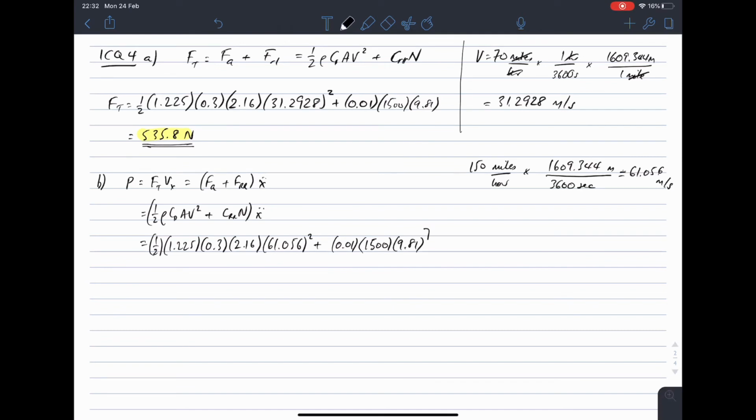That is multiplied then by 61.056. So the tractive force itself comes out to be 1,931.8 newtons times by 61.056. And so the power required comes out to be 117.95 times 10 to the 3 watts, which equals 117.95 kilowatts.